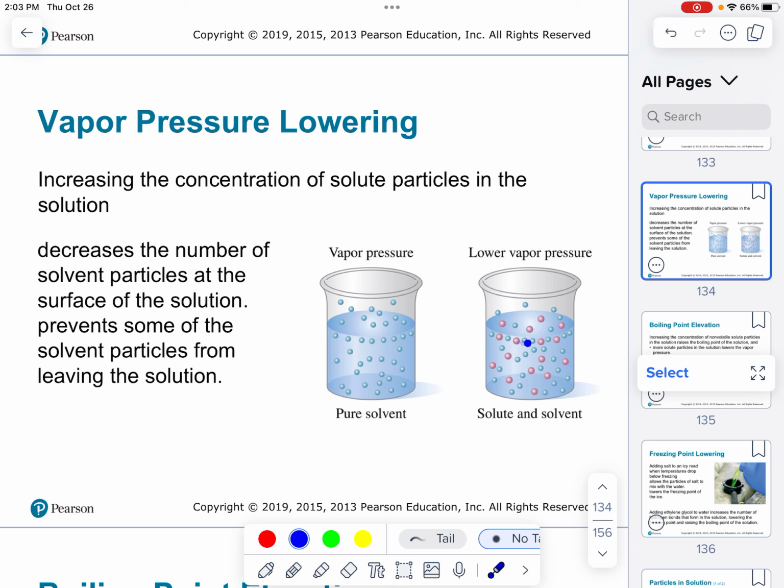But if there are solutes in there, they're taking up some of the space of the water molecules, and so fewer water molecules have opportunity to enter the vapor phase. So it's really just about the number of particles. And for ionic compounds, it's the number of particles that break apart when you dissolve something.